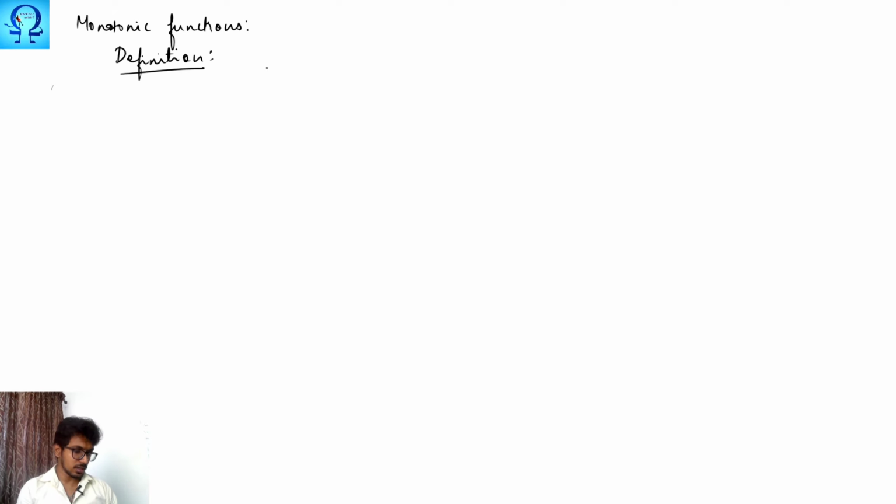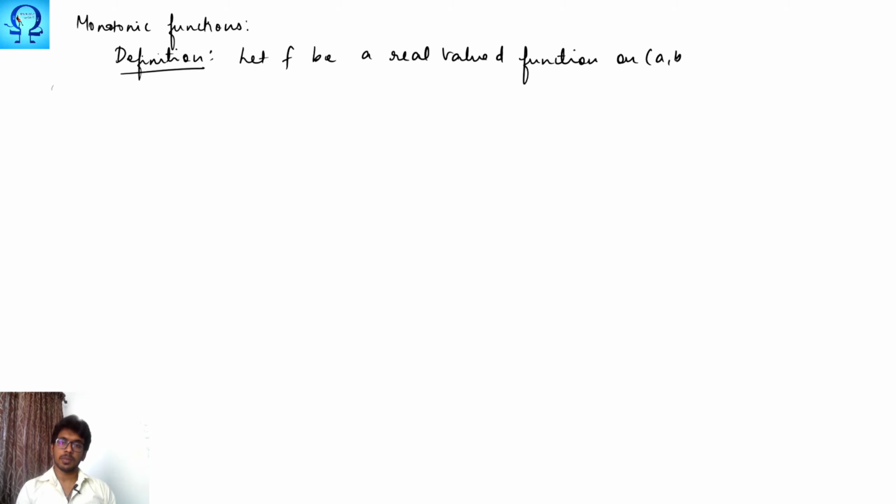So the definition tells you that f is a real valued function which is defined on a particular interval. So it is a real valued function on the open interval (a, b).